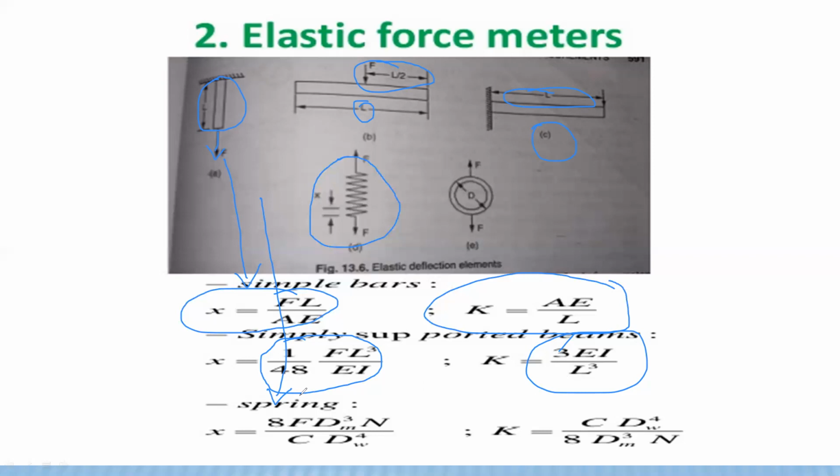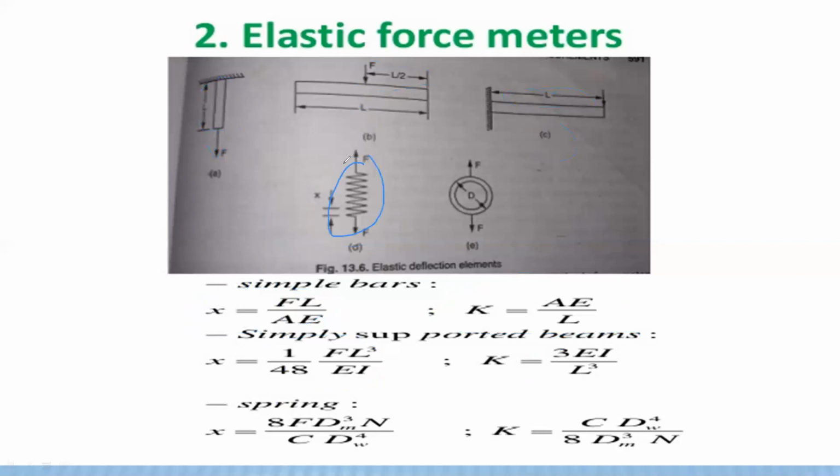Here, Dm is the mean coil diameter, N is the number of turns of the coil, dw is the wire diameter, and C is the shear modulus. I am taking a spring in this elastic force meter, and the spring formula for the force is X is equal to 8FDm cube N by C dw power 4.